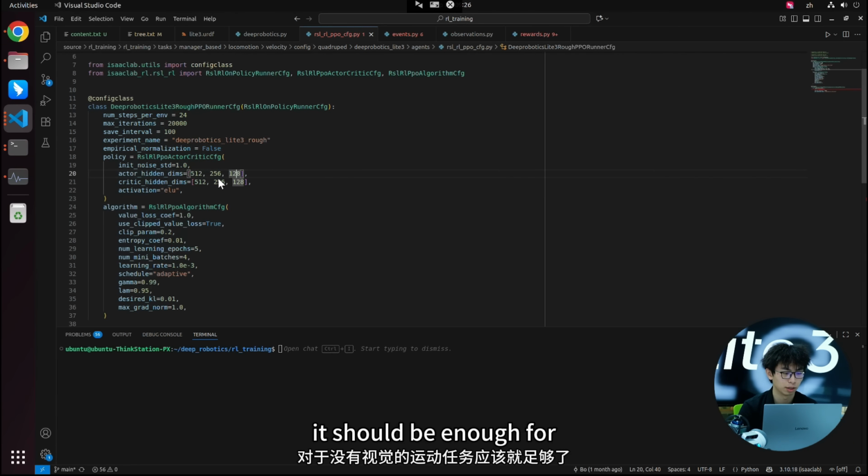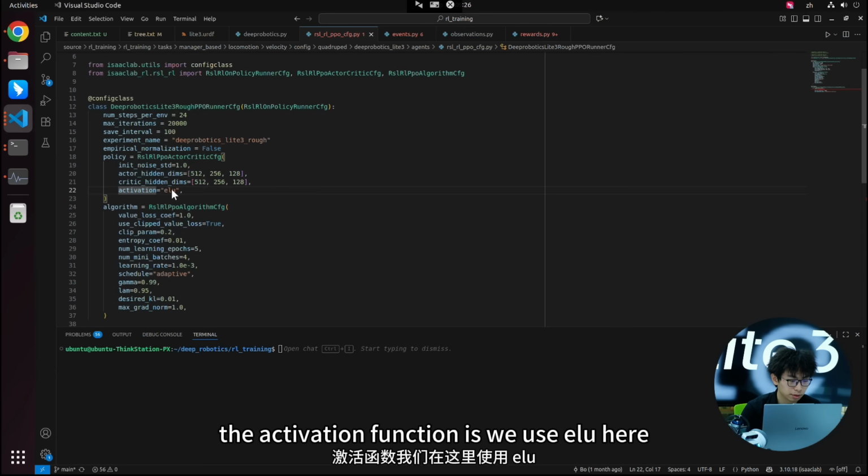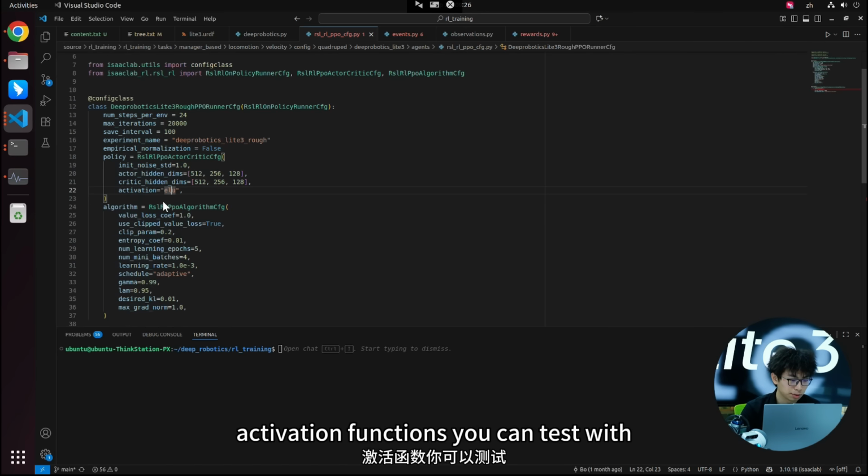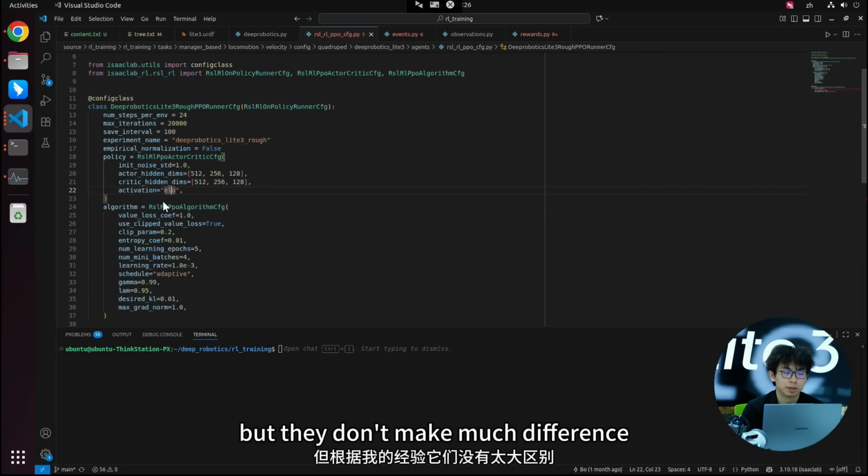It should be enough for a locomotion without vision task. The activation function we use is ELU here. There are other activation functions you can test with, but they don't make much difference according to my experience.